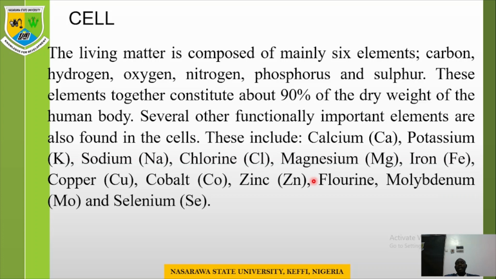That is why Ibn Khaldun said human beings or life begins from elements. And these elements together constitute about 90% of the dry weight of the human body. Several other functionally important elements also found in the cells include calcium, potassium, sodium, chlorine, and the rest.